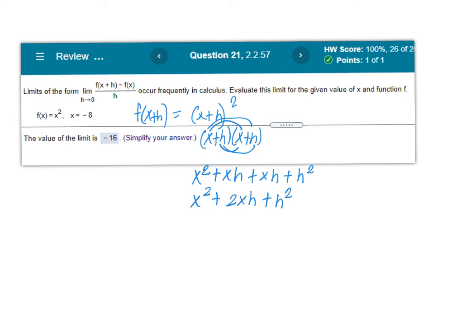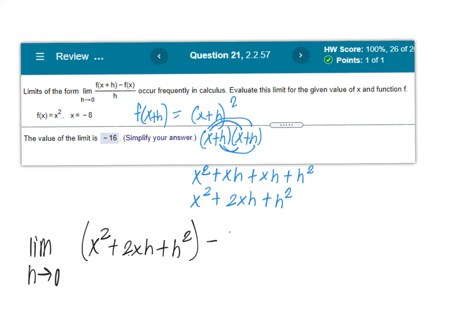Okay, so now that we have f of x plus h, I'm ready to plug in the limit as h approaches 0 of f of x plus h, so x squared plus 2xh plus h squared. And sometimes I put it in parentheses just to sort of block off which section I've done. Minus the x squared all over h.